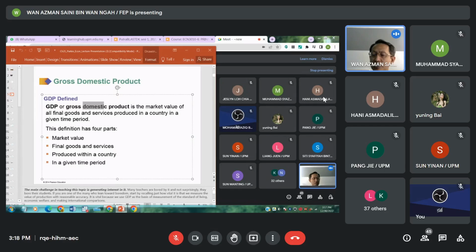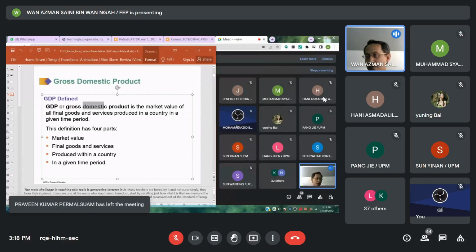With market value, at the end of the process you only have one number, the value of all goods expressed in dollar value, instead of thousands of different values for each good. This is the most important element of using market values.